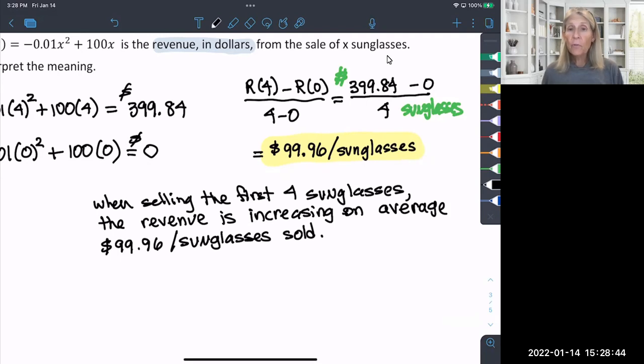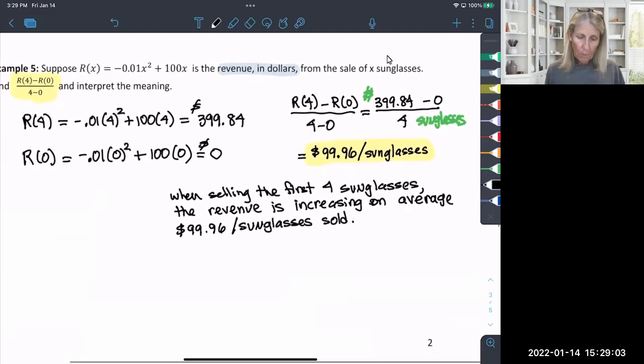When you sell those first 4 sunglasses, on average, $99 per sunglasses is how much revenue you're going to be getting. That's how fast it's increasing in those first 4 pairs that you sell. My guess is it's going to start decreasing after that, but these must be expensive sunglasses.